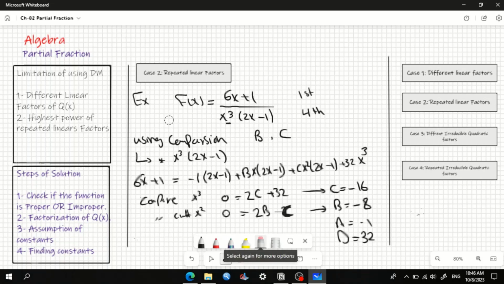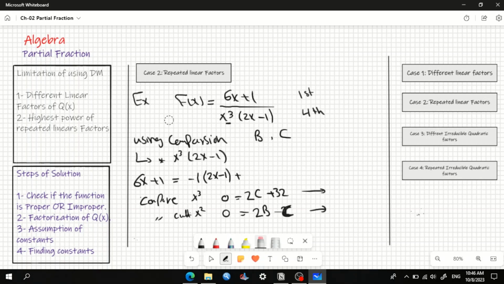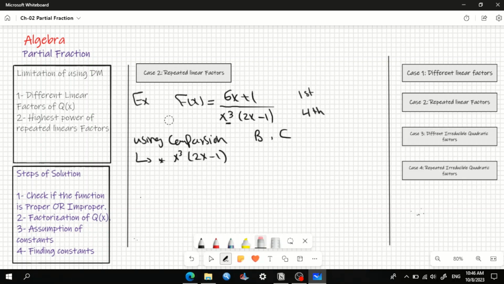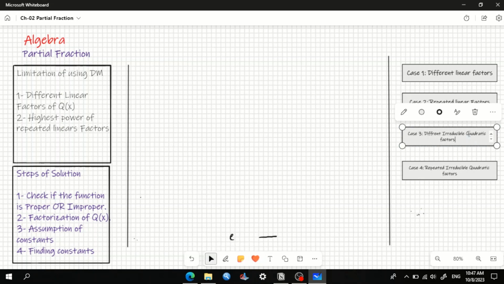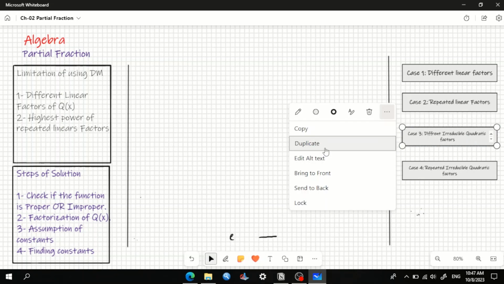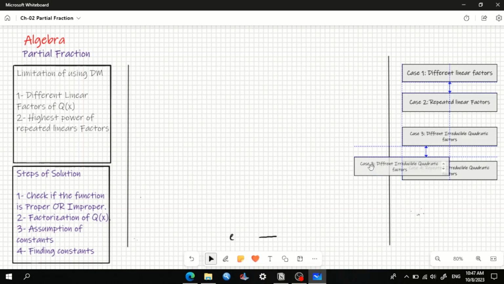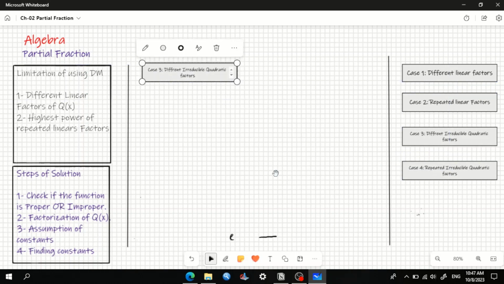Okay, here is an example of a combined case between the first case and second case. Let's move forward to our third case, if we have an irreducible quadratic factor.